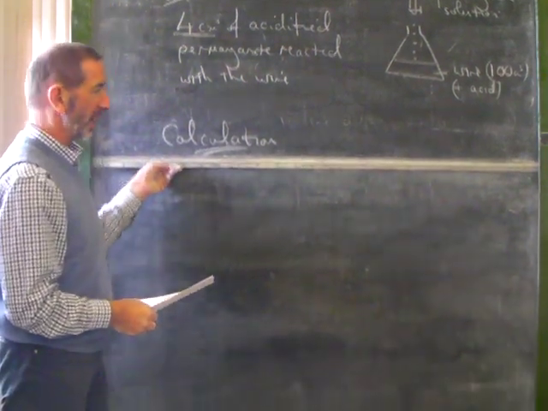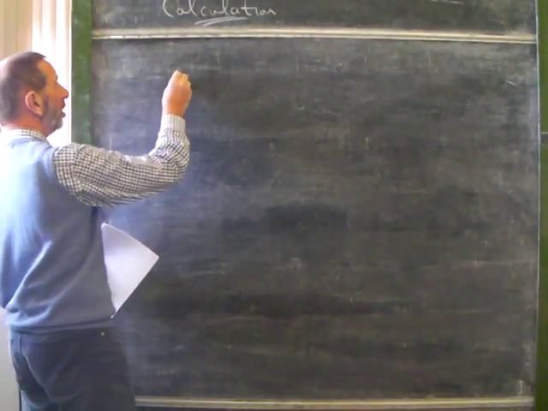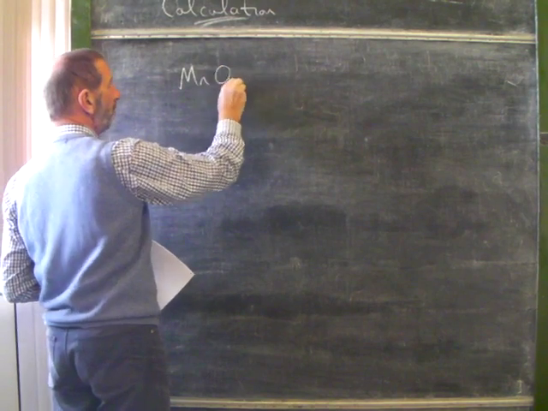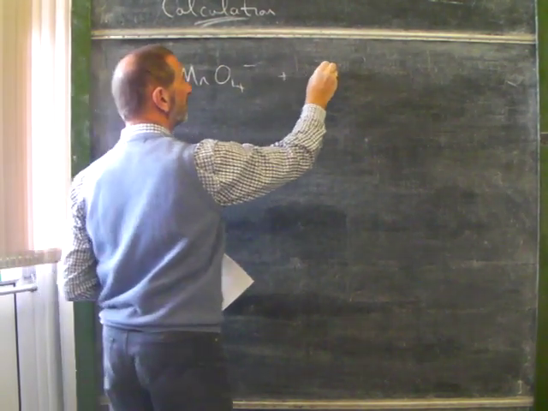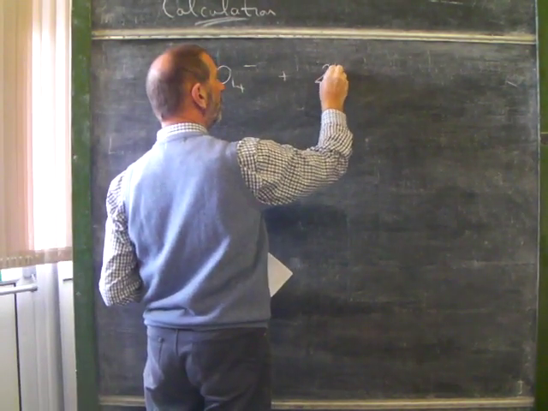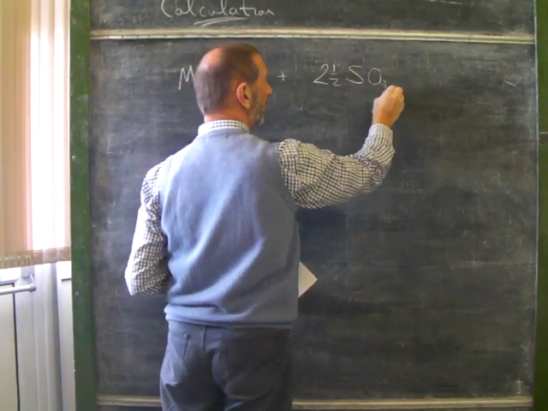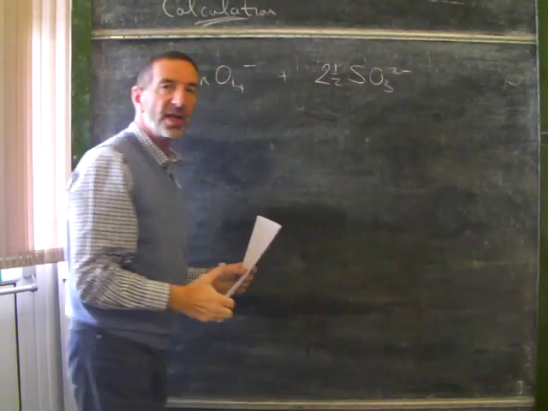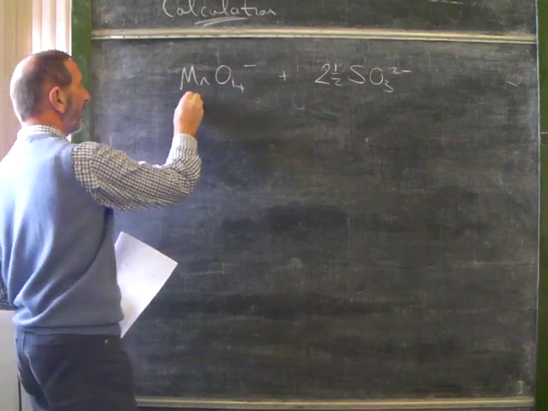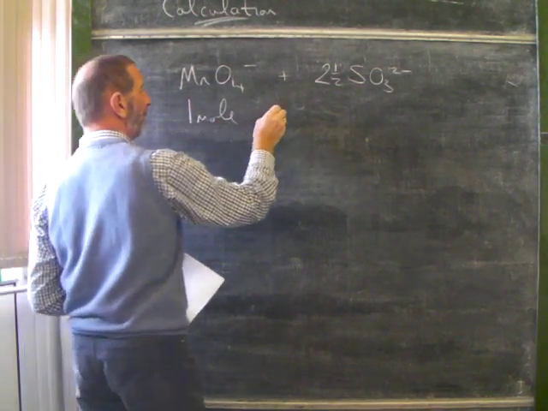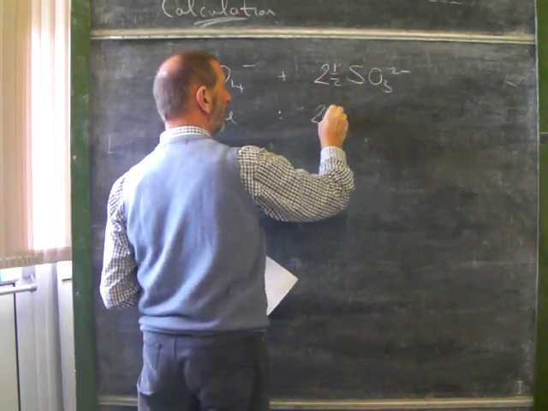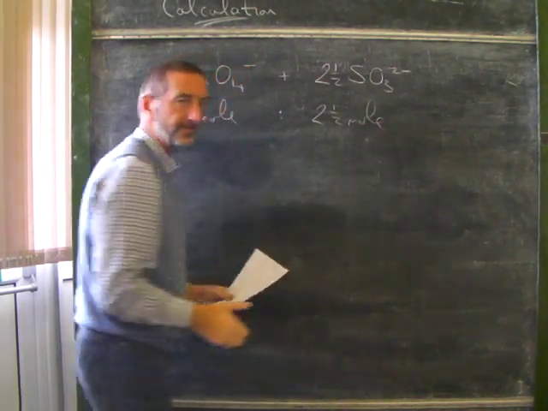Well, let's try it. We established a moment ago that the ratio of permanganate to sulfite was 1 to 2.5. As I say, you'd be given an equation which proved this. There we have it. 1 mole of permanganate reacts with 2.5 moles of sulfite.